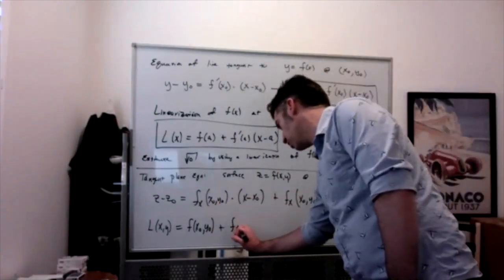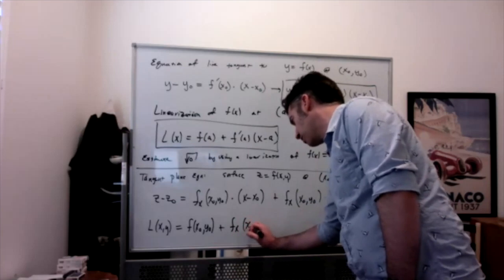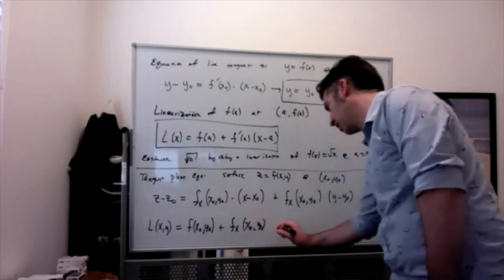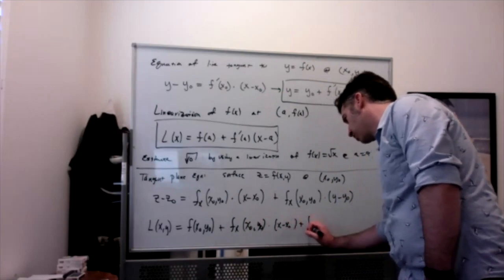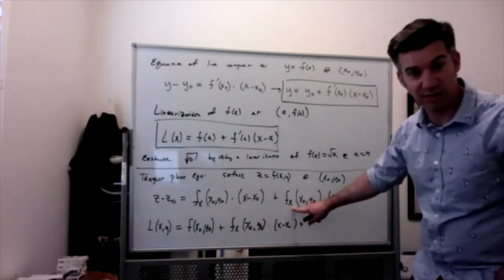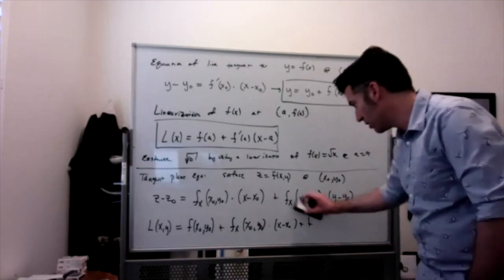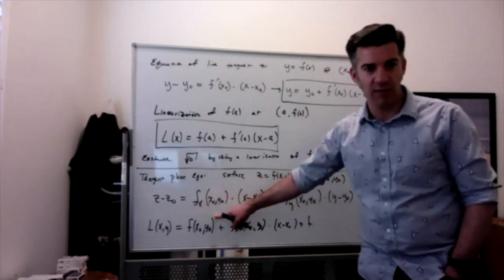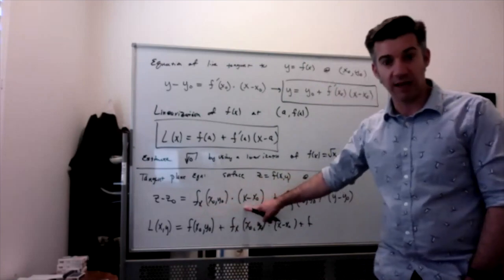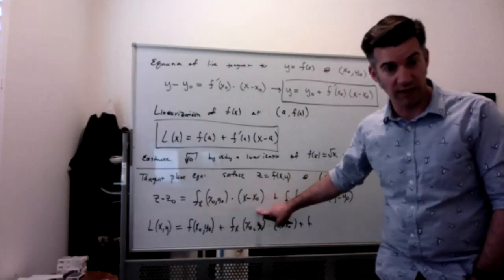The partial at x naught, y naught times x minus x naught, plus the partial, oops, I made a little mistake there, that should be fy, not fx. Basically, it should be each partial evaluated at the point times that same variable minus the actual coordinate of that variable.